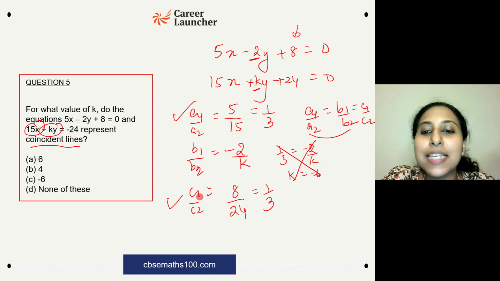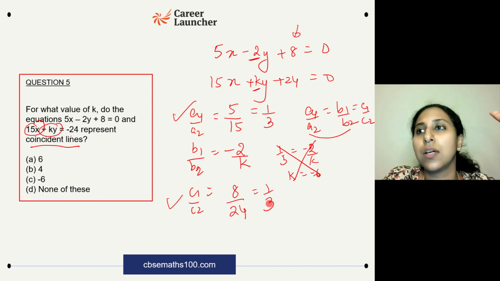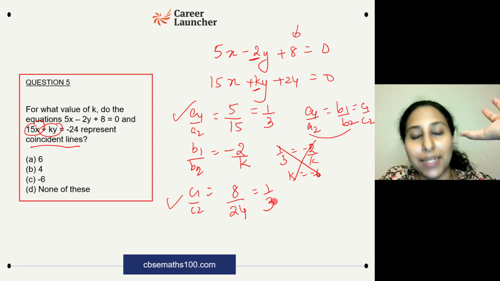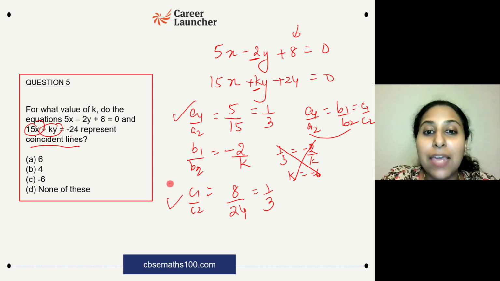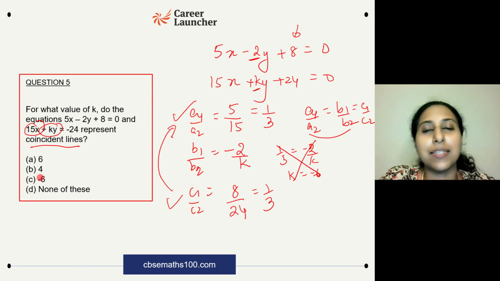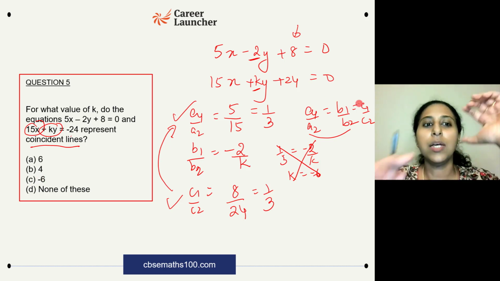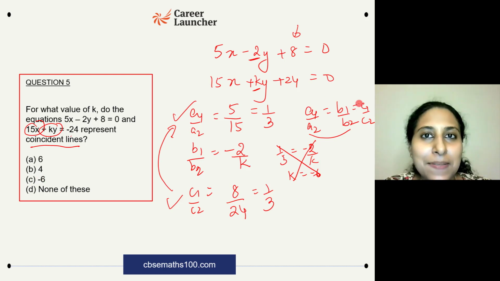In case you got a different value for c1 by c2, suppose it was minus 1 by 3, or 2 by 3, it is not matching a1 by a2. What would be the answer then? You would say the answer is none of these, because if a1 by a2 was not matching c1 by c2, this cannot be coincident lines.